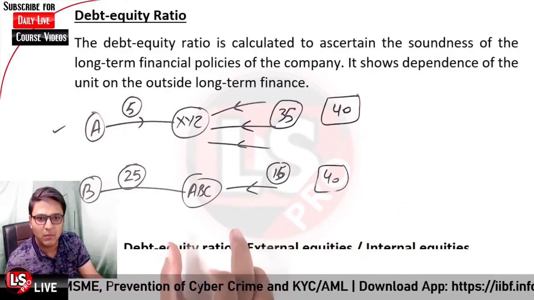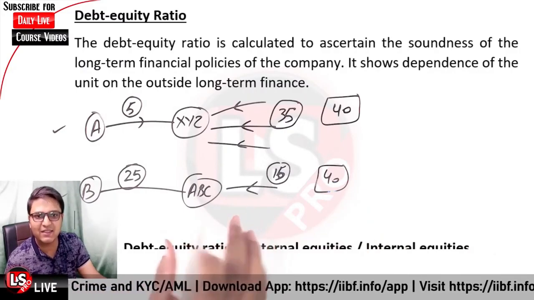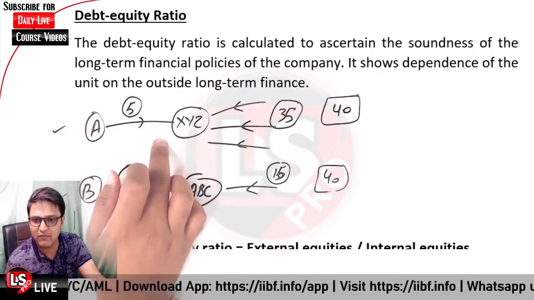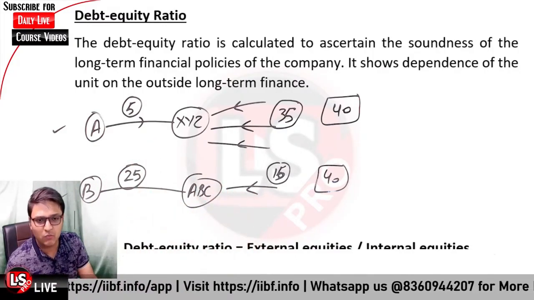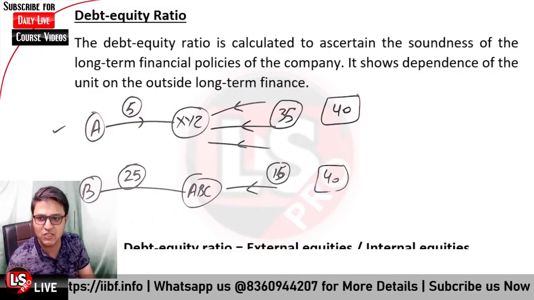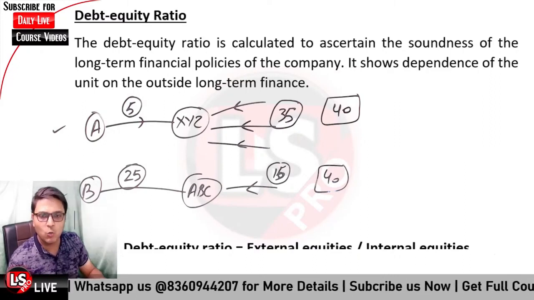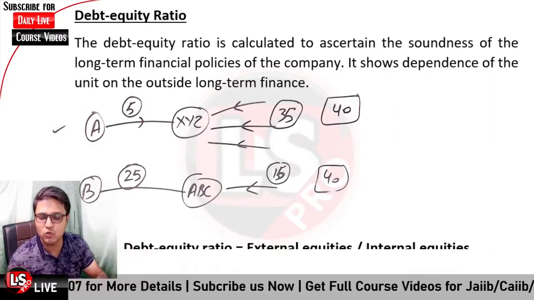Why is B better? Because there is lesser financial leverage than that of person A. First of all, you need to understand what financial leverage is. Financial leverage means what funds we were having and what funds we have taken from the market so as to grow our business.